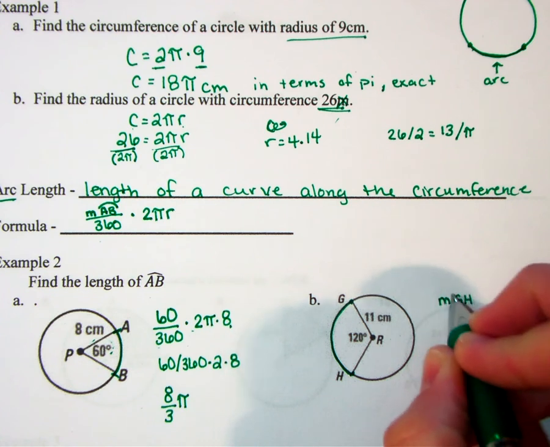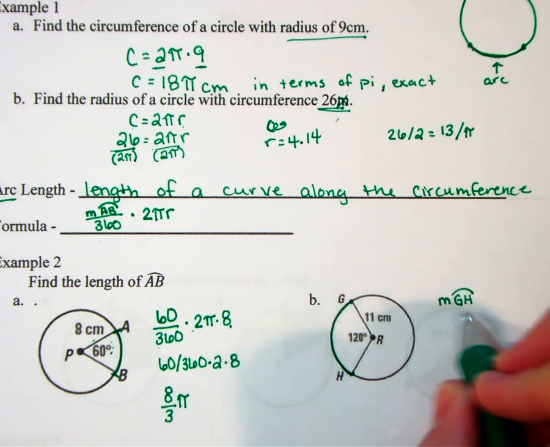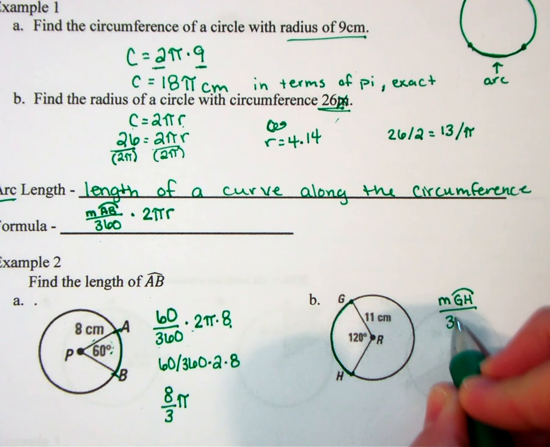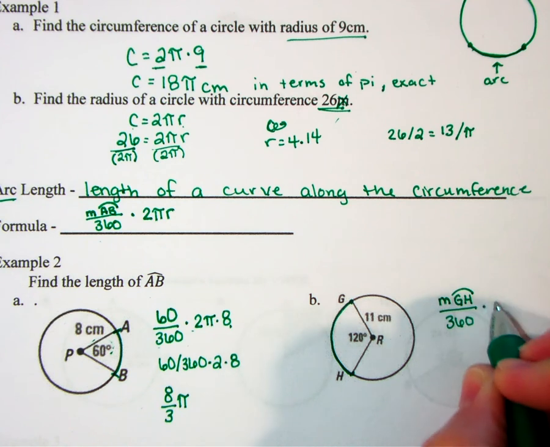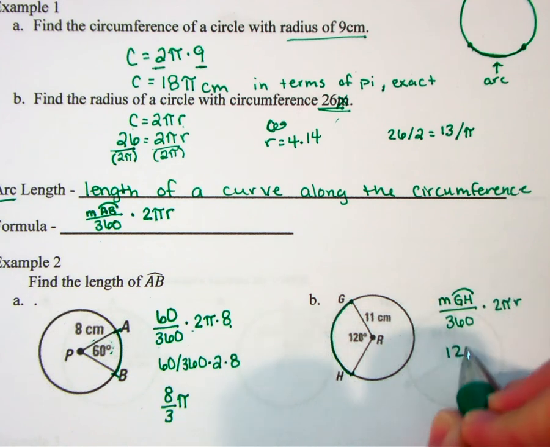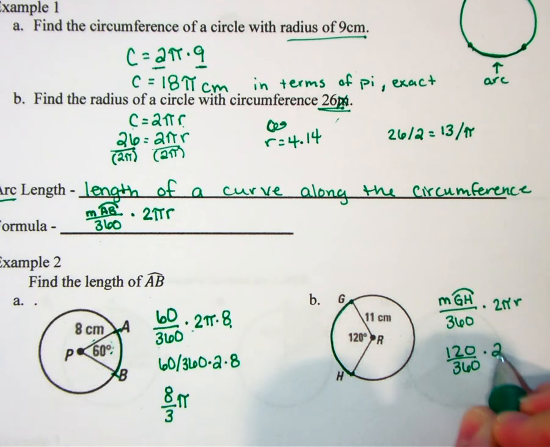So the degree measure is 120, and we'll put that over 360 and times that by the circumference, so 2 pi radius. So we'll go 120 over 360 times 2 times pi times 11.